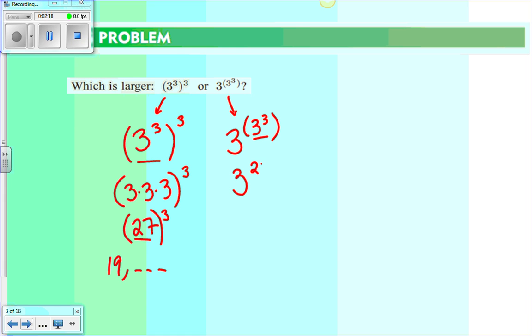So we have 3 to the power of 27. Now 3 to the power of 27 is 27 threes multiplied together, and that comes to approximately, it's just under, but approximately 7 billion. So I think we can see that 3 cubed to the power of 3 is definitely a smaller number than 3 to the power of 3 cubed.